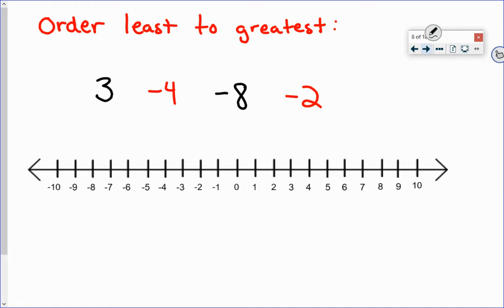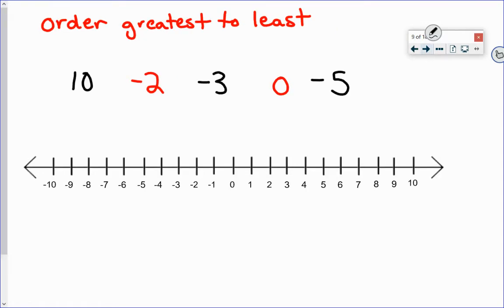Negative 4, negative 8, or negative 2? Well, which one is further away from 0? Hopefully you said negative 8. Then negative 4, then negative 2, and then the positive number will be the largest.